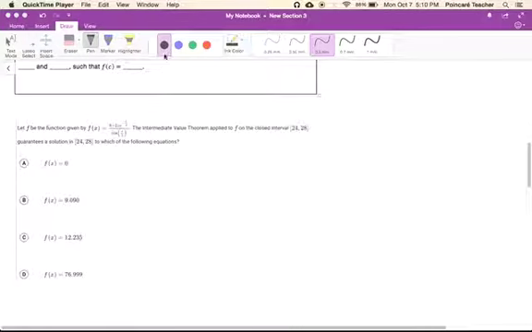So the point being that you can use the intermediate value theorem not just for finding where the roots are, but you can also use it to identify if a function can equal a specific y value other than 0.